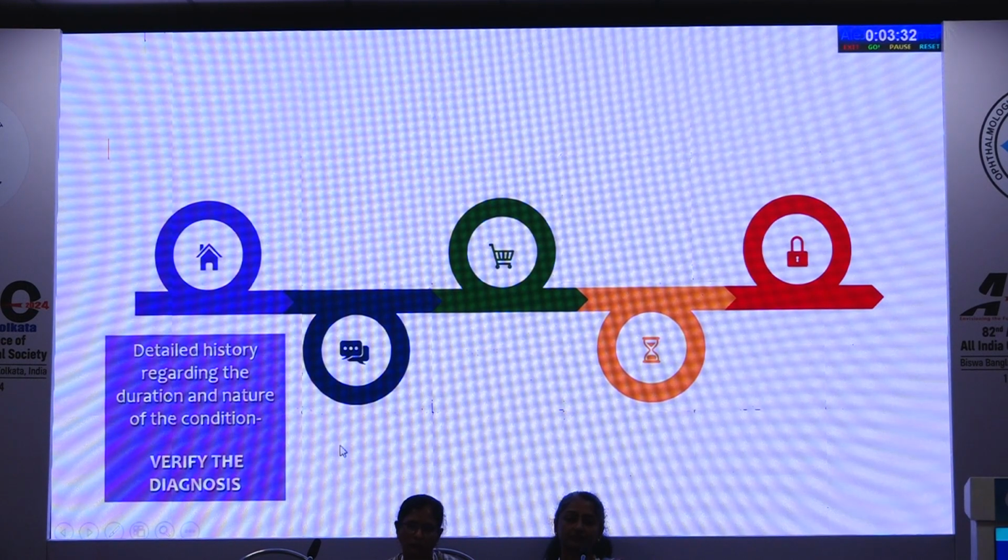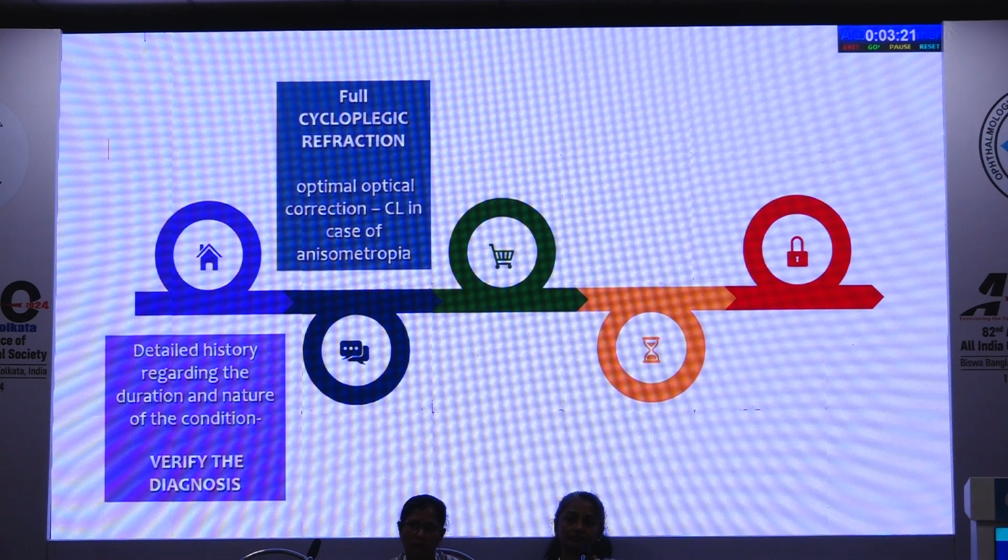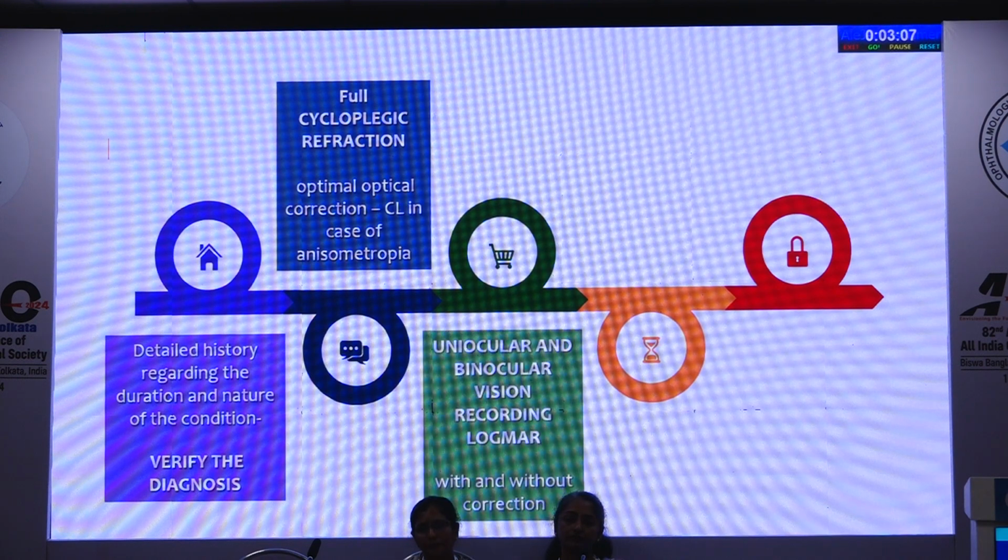So when we see a patient, first we need to verify the diagnosis ourselves, that is via a detailed history regarding the duration and nature of the condition, and a full cycloplegic refraction so as to prescribe the optimal optical correction. In case there is anisometropia, we can also consider contact lenses for better compliance and better effectiveness of the therapy.